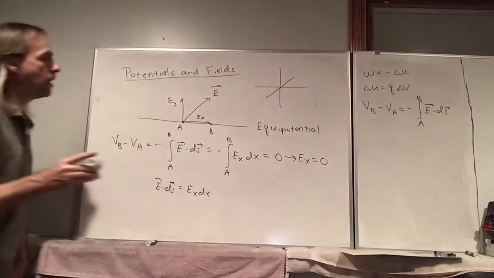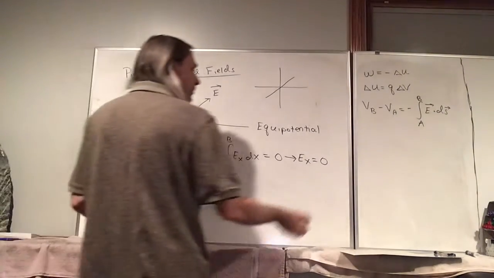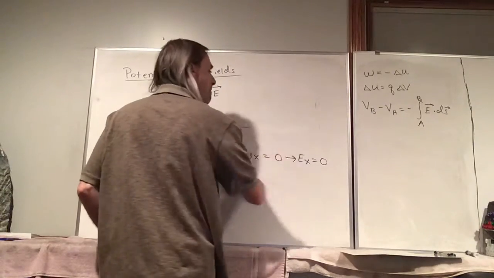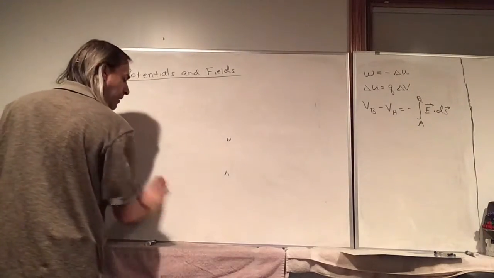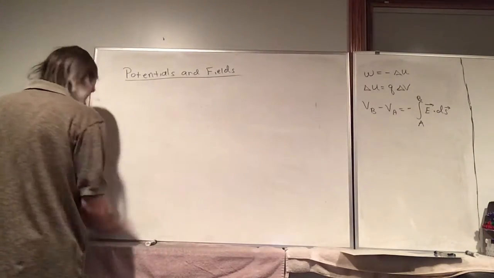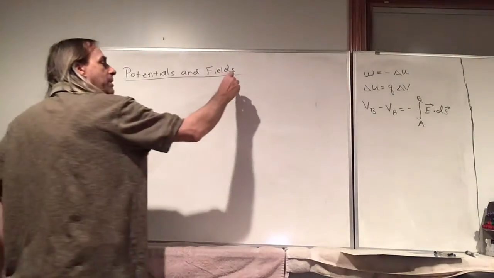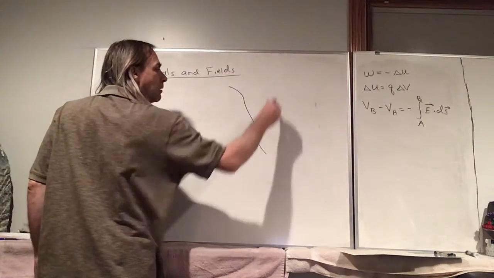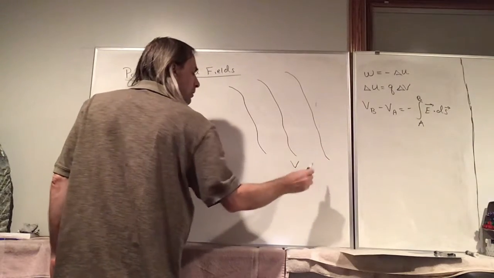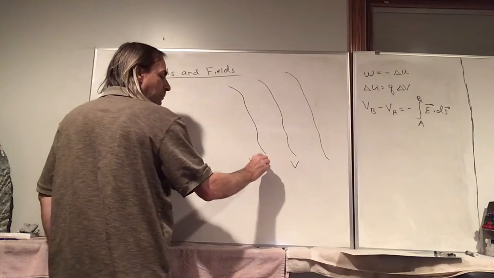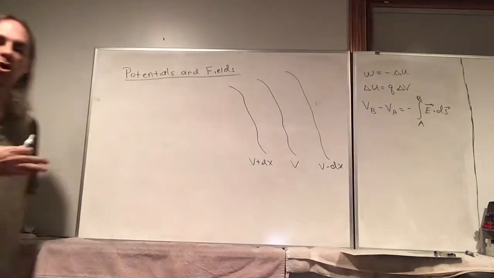Okay, so we found how to find the potential given the electric field. Now let's go the other way. Let's say we have the potential and we want to find the electric field. So you're going to draw some potential lines, and we're going to consider a small region of space.